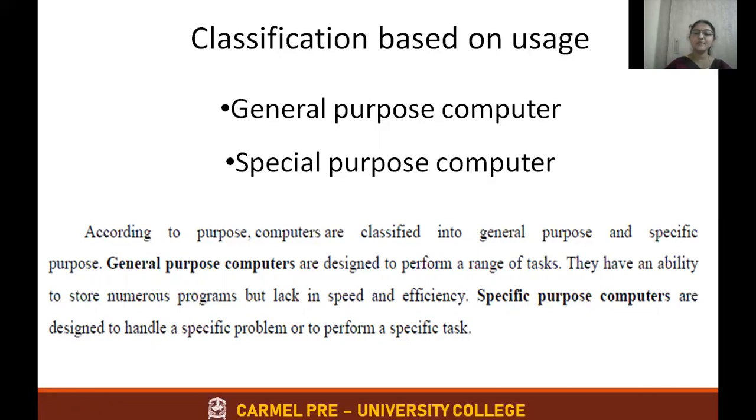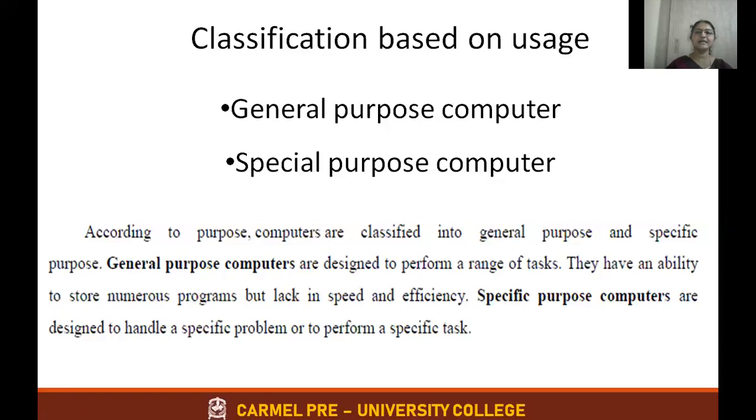Those are meant for specific purposes. In the same way, research centers use certain computers meant for doing advanced calculations. All other general applications may not be available in that. So those are general purpose computers and special purpose computers. Special purpose, or you can also say specific purpose computers, both are the same. This is about the classification.